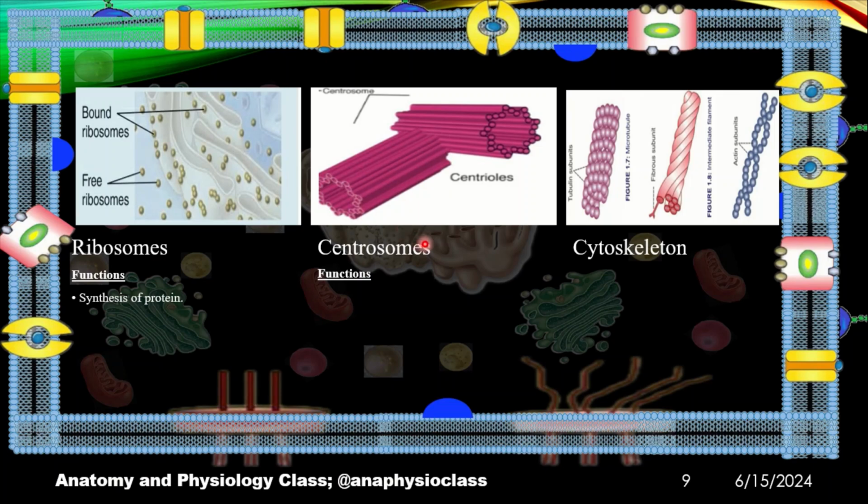The centrioles contain mitotic spindles, which are responsible for that function, which we are going to see when we come to cell division. So their main function is in the process of cell division.